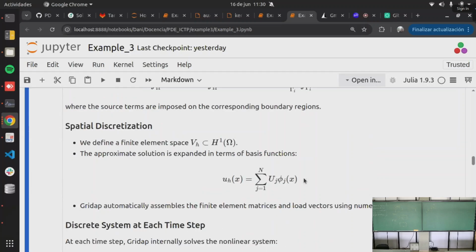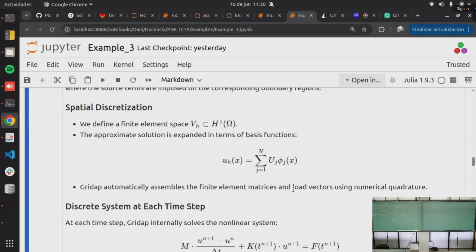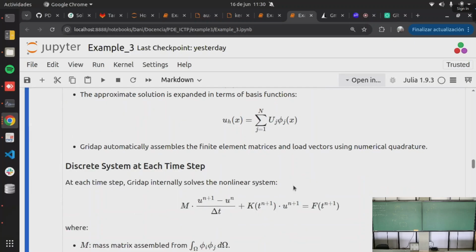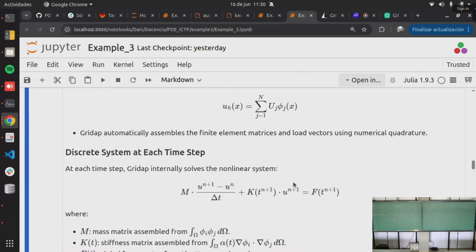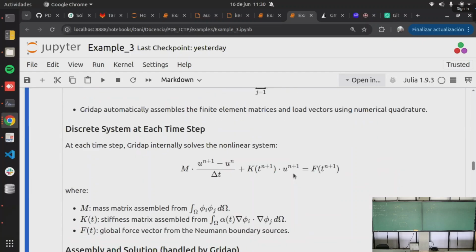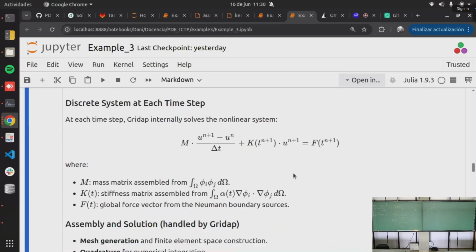And after that, we will perform the spatial discretization that we explained before in the same way, using finite elements and everything like that. And the important thing is to discretize the discrete system at each time step. We have internally solved the nonlinear system, this one, where M is the mass matrix assembled in this way.